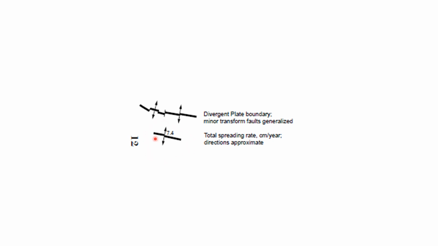On the bottom, we see how fast this tectonic plate boundary spreads. It is centimeters per year, and directions are approximate. For example, in this diagram we have 7.4 centimeters per year, which means every year I have 7.4 centimeters. So if I want to know how many centimeters in 10 years, I just have to multiply that number by 10.